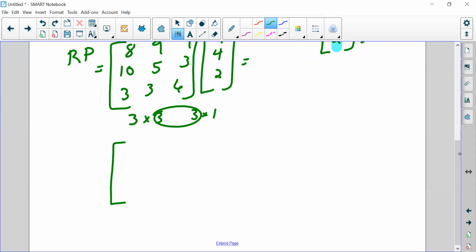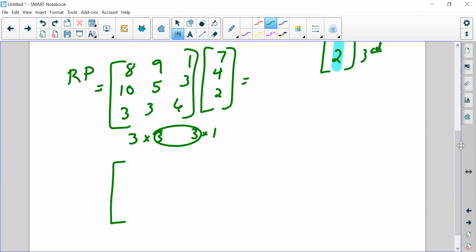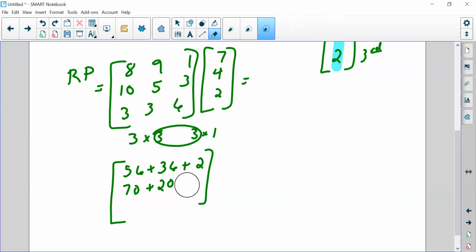All right, so working this out. 8 times 7, 56, plus 9 times 4, 36, plus 2. Okay, I've gone all the way over and down, so now I need to do second row, first column. Plus 6. Okay.